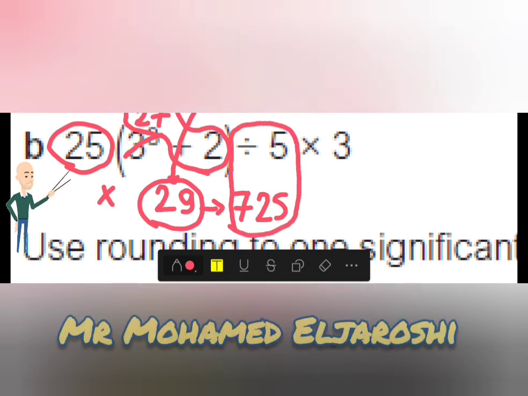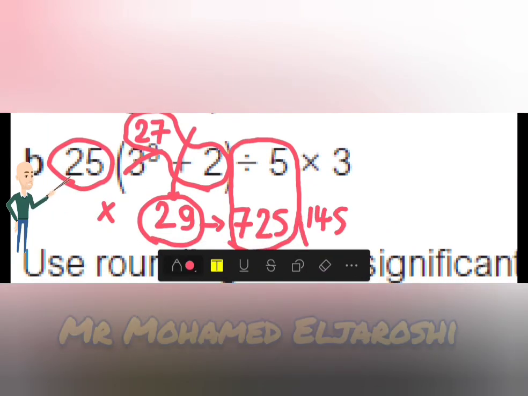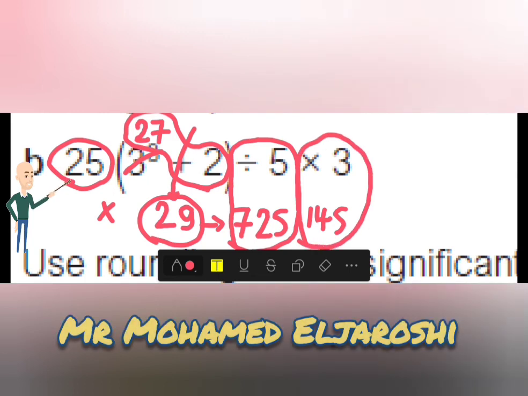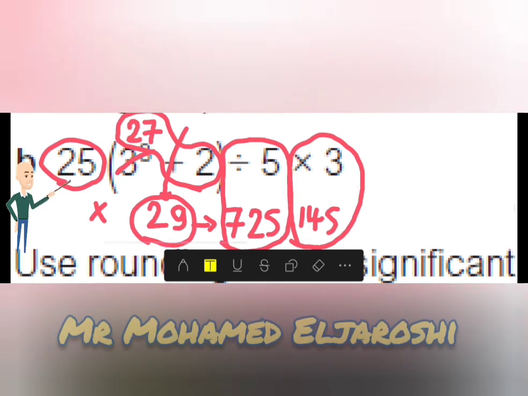So 725 divided by 5 equals 145. And then I take the 145 and multiply it by 3 equals 435.